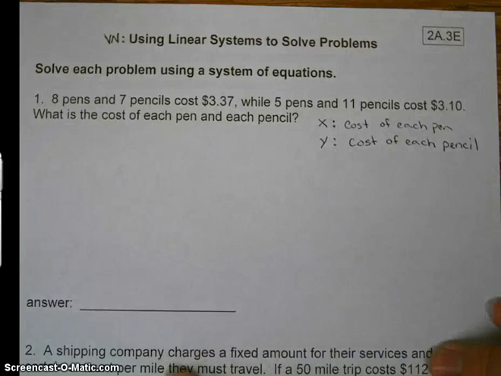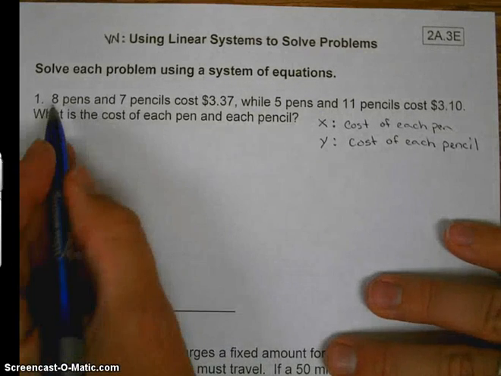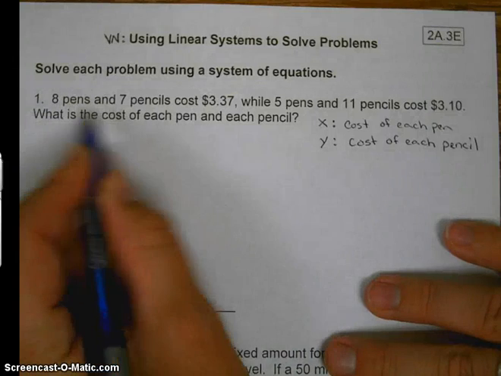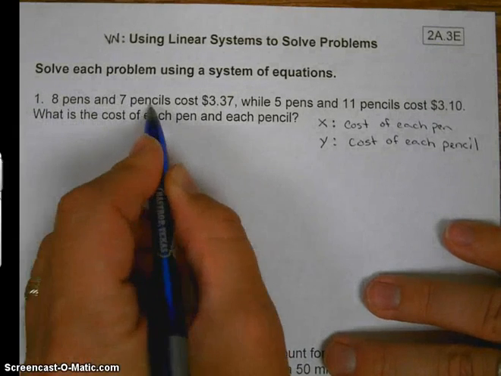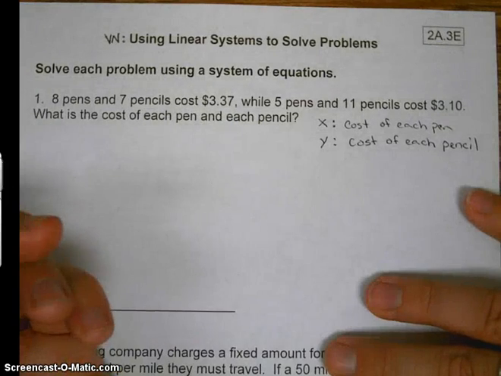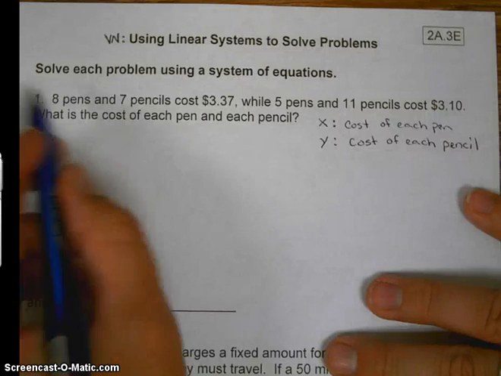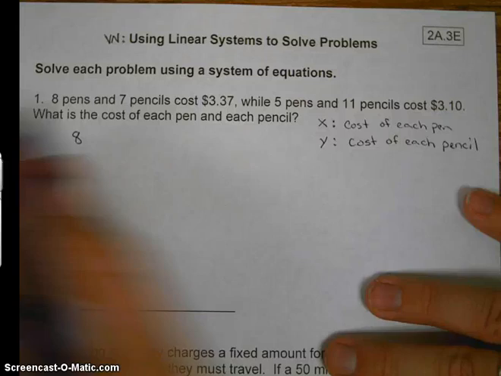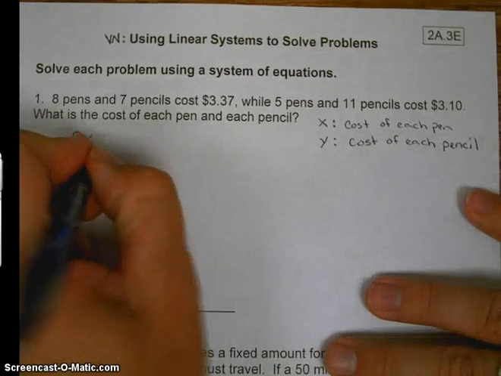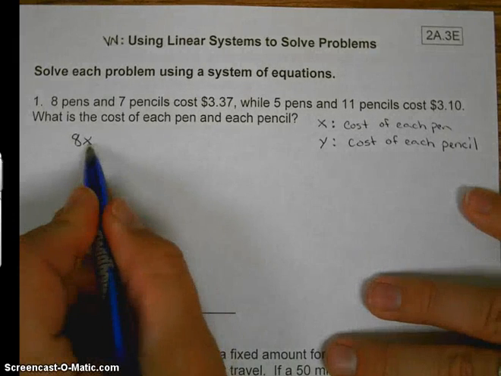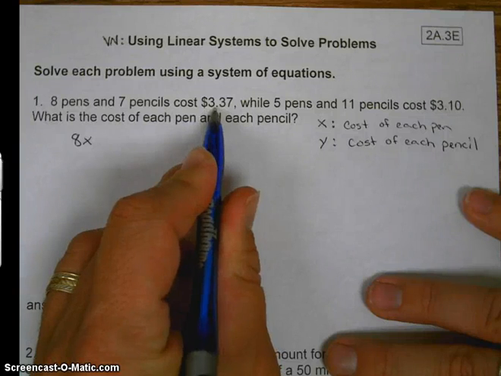Okay, so we have 8 pens, 7 pencils, and their total cost is $3.37. This is pretty straightforward. We want 8 pens, so we would multiply 8 times X. Because if each pen, let's just say, costs $1, 8 times $1 would be $8. Well, obviously that's not true because the total is only $3.37.